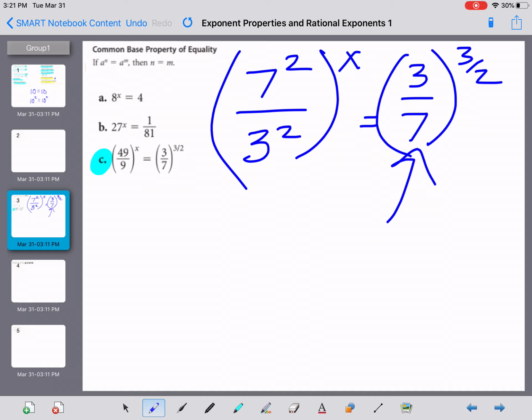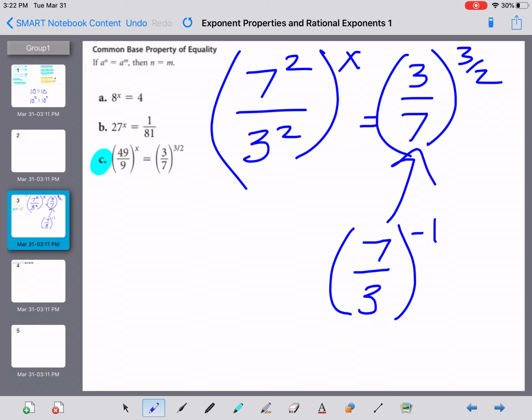This one I can flip to make 7/3 by simply doing a negative exponent. If I take 3/7 to the negative and do a -1, that's the same thing as, right? Can we say that 7/3 to the -1 is the same as 3/7? Yes, we can. Okay, so now I have the same base.